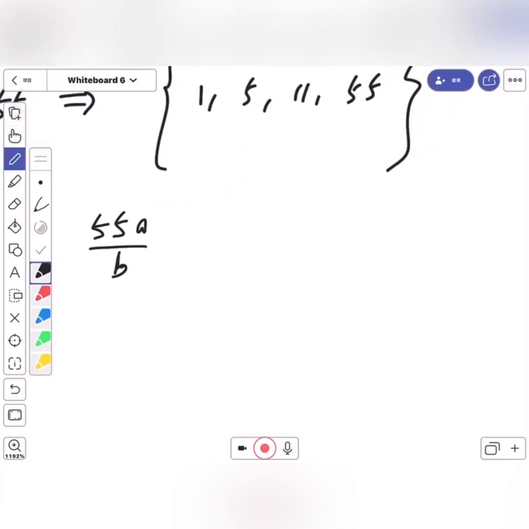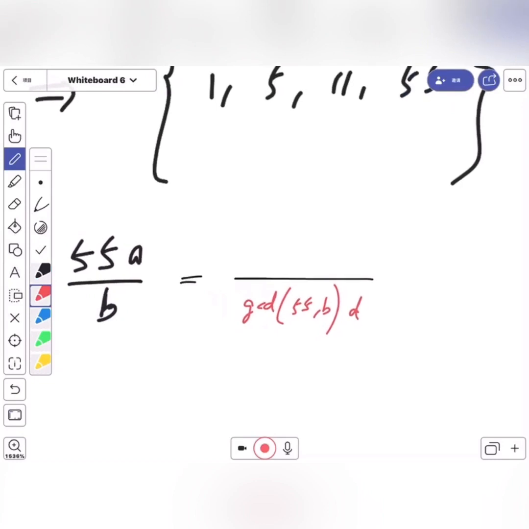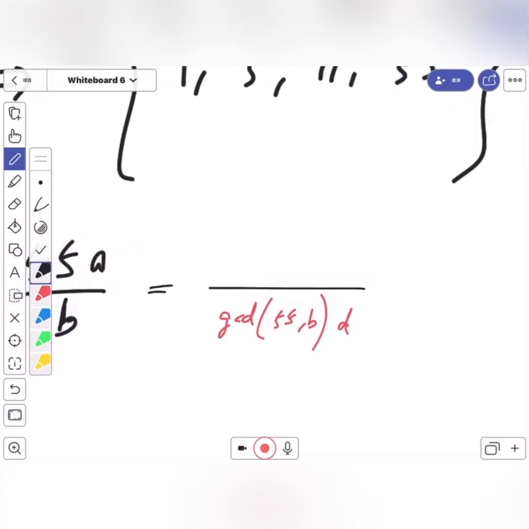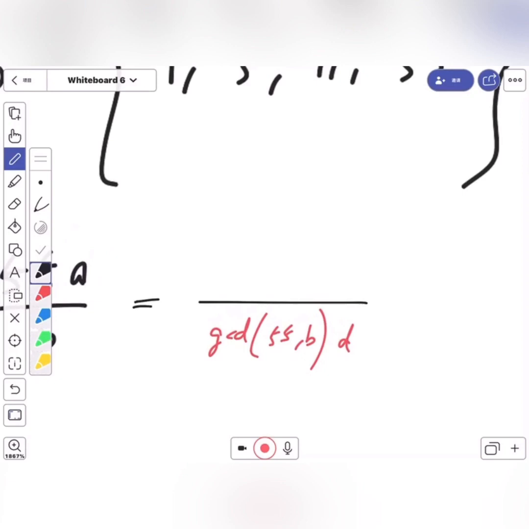Because if you just consider each case, we consider B to be rewritten in the form of GCD of 55 comma B, actually, I'm just going to write in red, times D, which D is just another positive integer, and then this one will still be 55 times A.